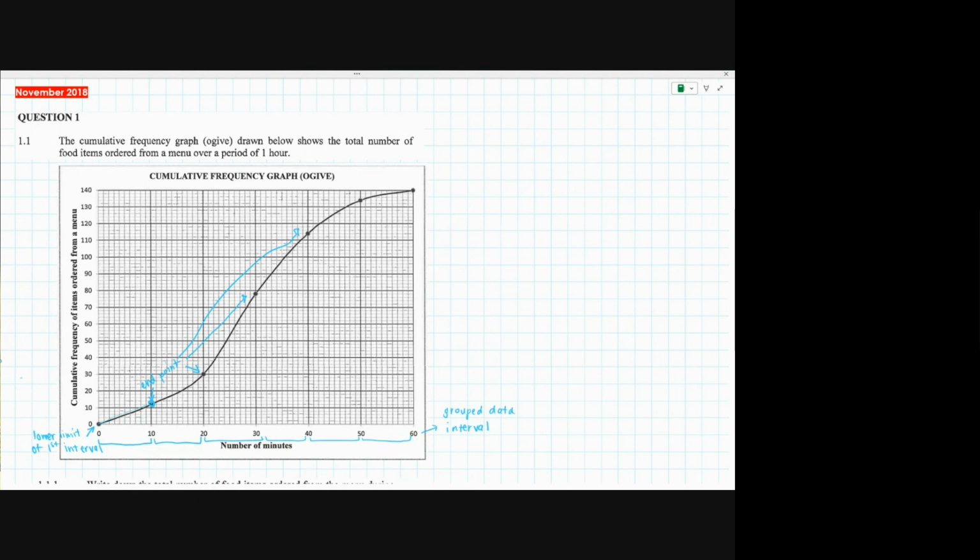And what we need to bear in mind is that oftentimes, because we're going from 10 to 20, one of those values will be included or excluded. Because this is the end point, oftentimes we're going to include this point, exclude that. In the next interval, include, exclude, include, exclude, and so we keep going. So just bear that in mind.